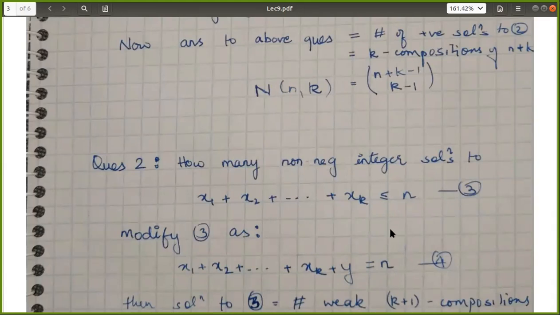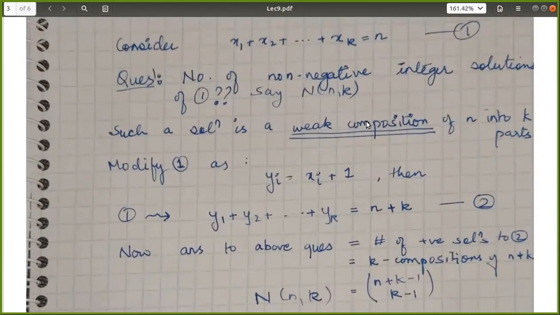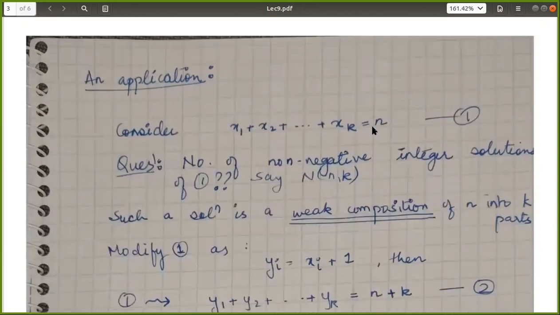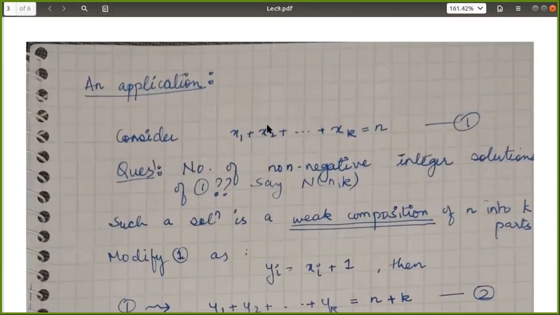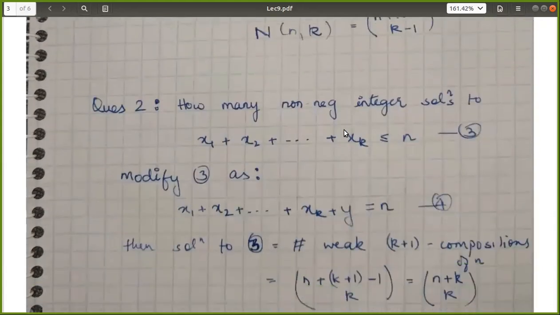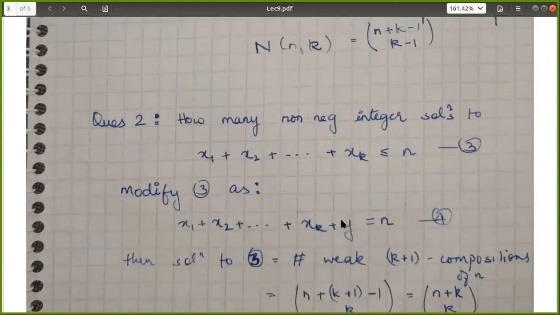Recall weak composition was when the sum of these entries could be 0. So here, when I have created this deficit, just to be as blind as you can go, this y itself could be 0.